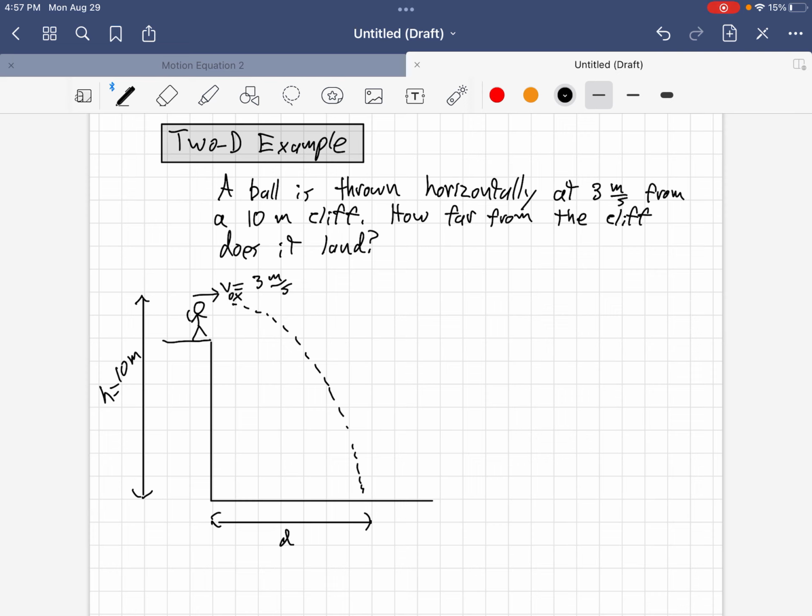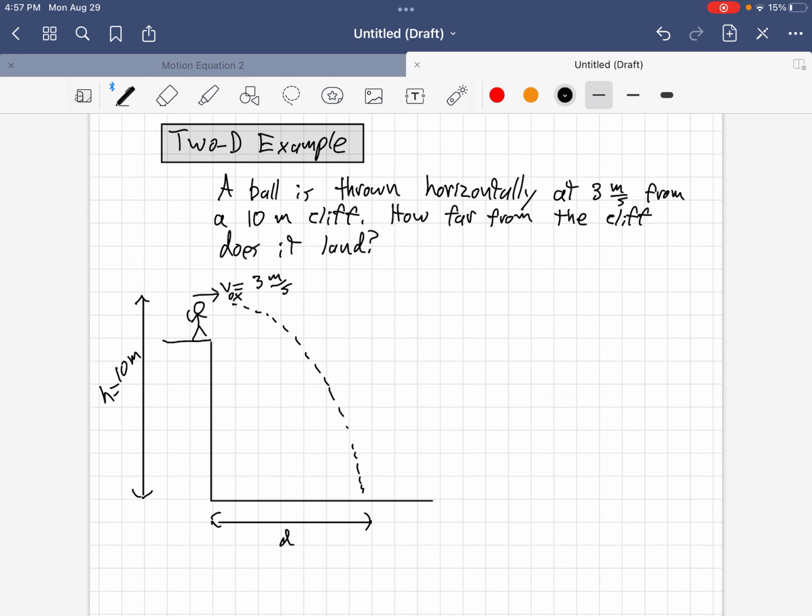All right, so the first thing to do, or sorry, the second thing to do, now that we've drawn our picture, is we want to write down what we know about our initial position and initial velocity and our acceleration in the x and y directions.